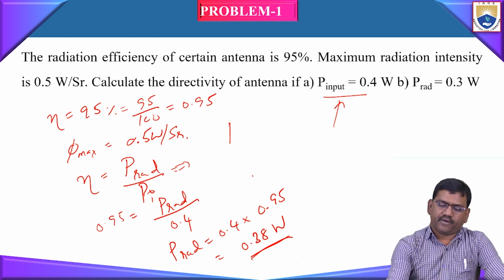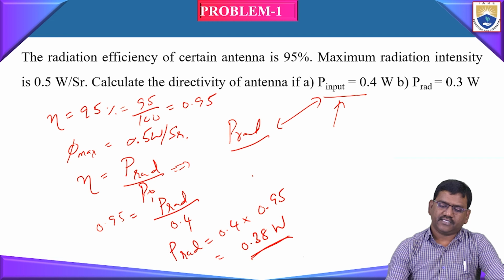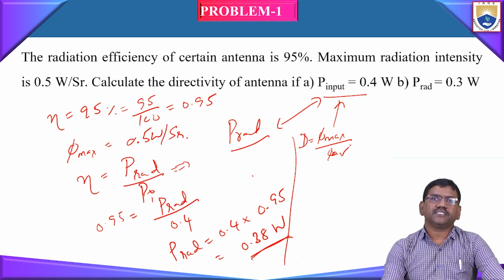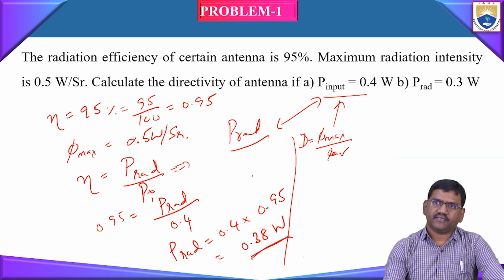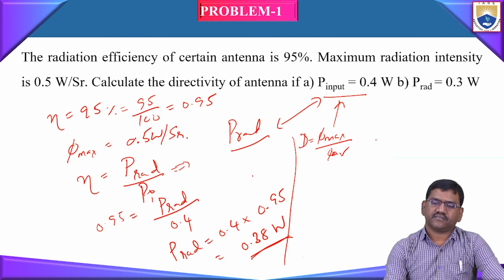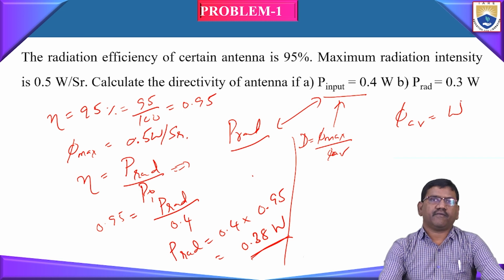Based upon the power radiated and the power input, we can calculate the directivity. We know that directivity is equal to pi max by pi AV, the maximum radiation intensity to the average radiation intensity. Pi average depends upon the power radiation, so pi AV is a function of the radiated power.